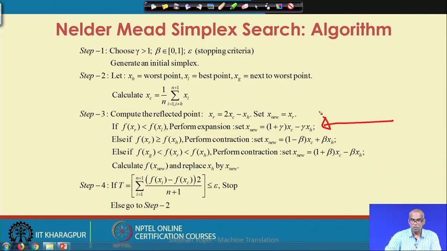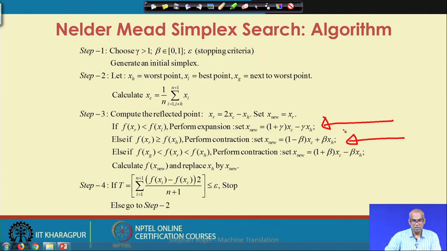So, set xnew equal to (1 minus beta) xc plus beta xh. So, this will shrink the size of the simplex.